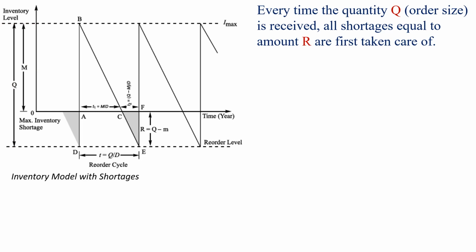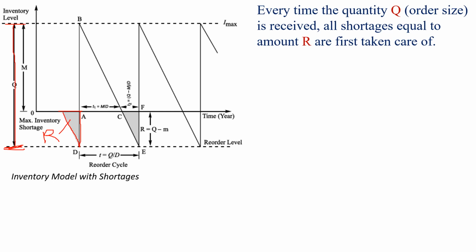So we are receiving the Q quantity here. First we have to fill the shortage quantity, that is capital R. The remaining quantity we have to keep in inventory.